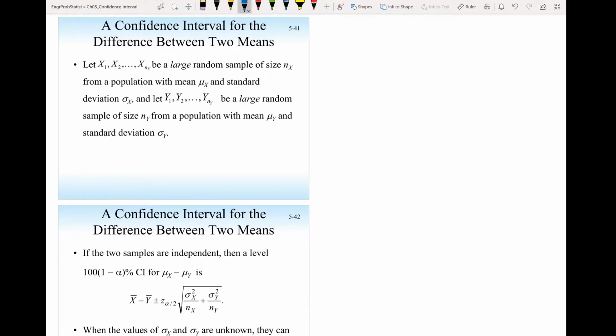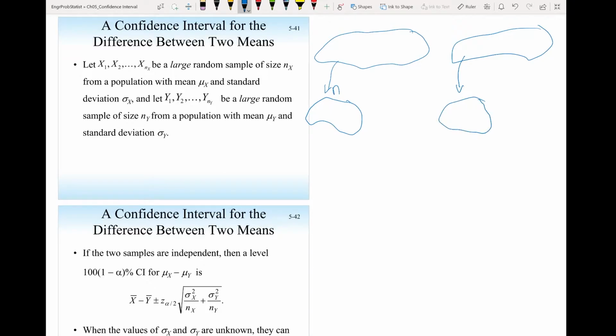Now assume you have two populations and you took a large sample from each population here, and I don't know what's the mean of this population. Let's call this x and this y, and I don't know what is the mean of this population. I want to find the confidence interval for mu x minus mu y.